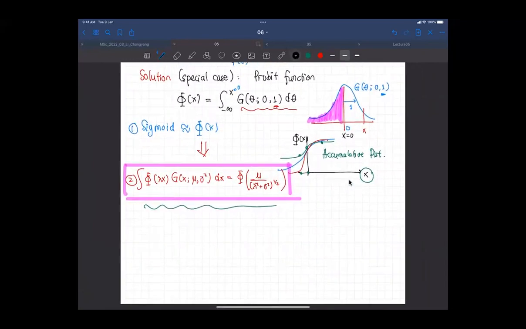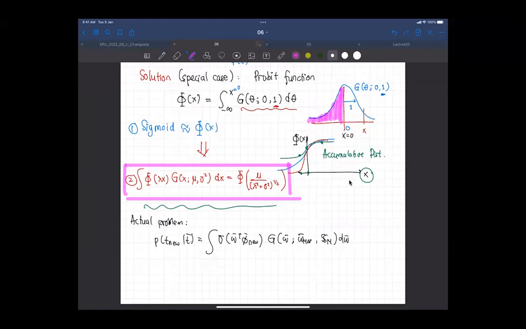The actual problem is that we want to have P of t new given t bar equals the integral of sigmoid of w transpose phi new, multiplied by Gaussian of w with mean w bar and covariance capital S_N, dw. So that's the actual problem that we want to solve.